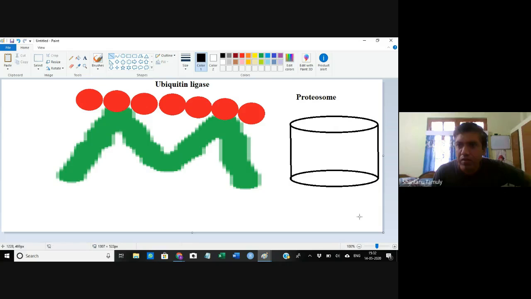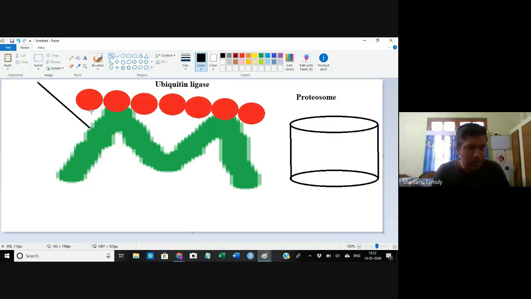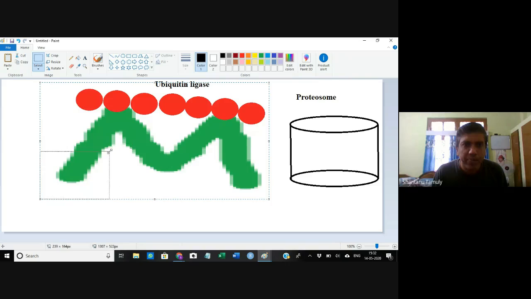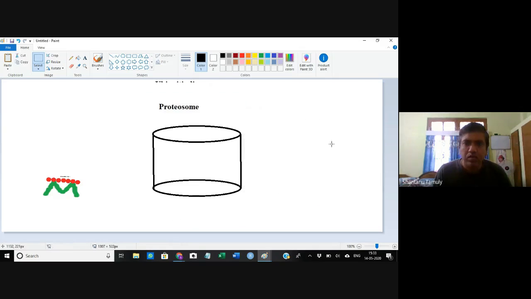This is the proteasome. So this particular proteasome has a cap-like structure.